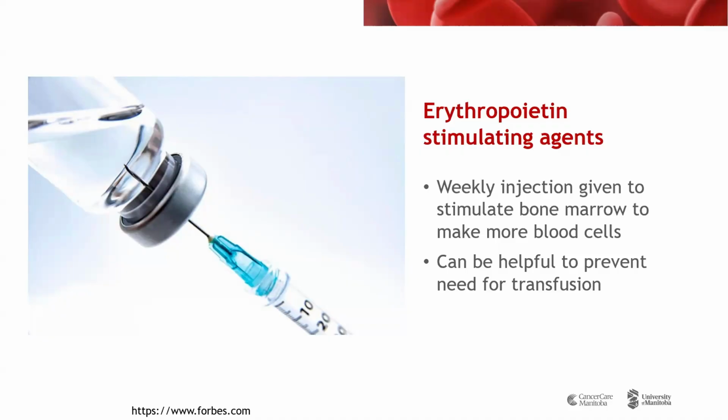This medication is very effective in people early on when the hemoglobin is first starting to drift down. It also is effective in people with lower risk MDS, and it tends to be effective if your baseline erythropoietin level, which is a marker of the signaling to the bone marrow, is on the lower side.